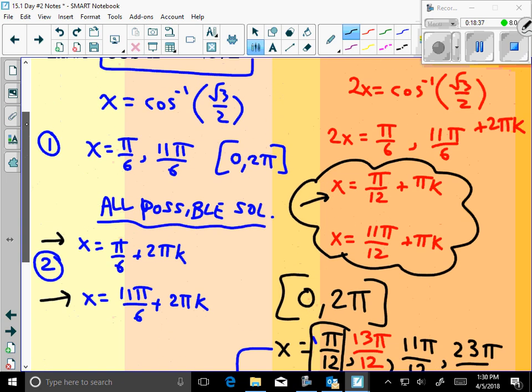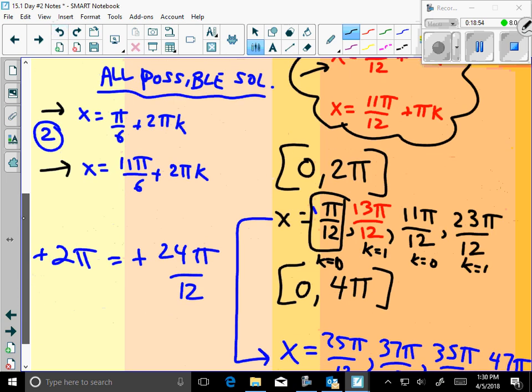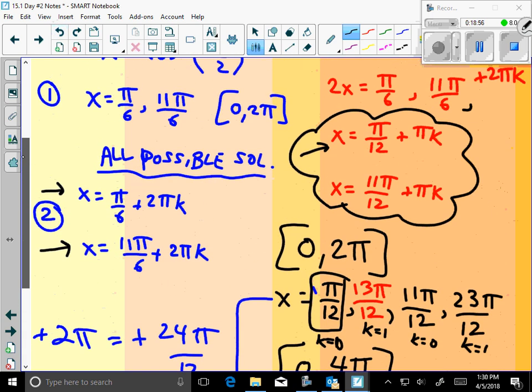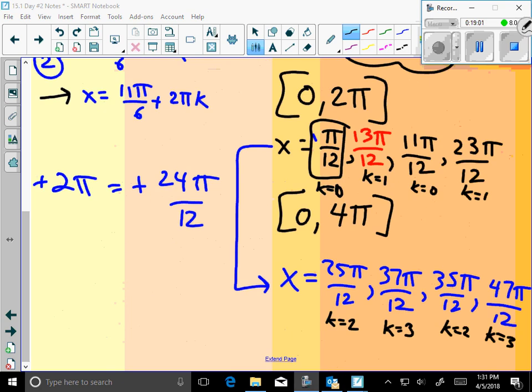Well, between 0 and 2 pi, we'd have to add in 13 pi over 12, pi over 12, and 23 pi over 12. For 0 to 2 pi, I'm sorry, these would be your answers.